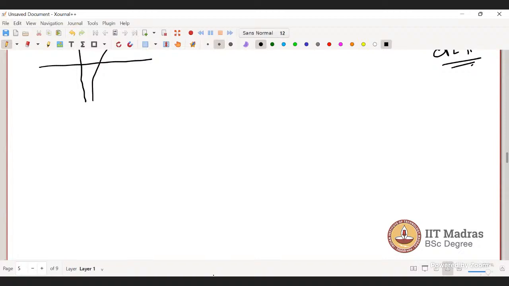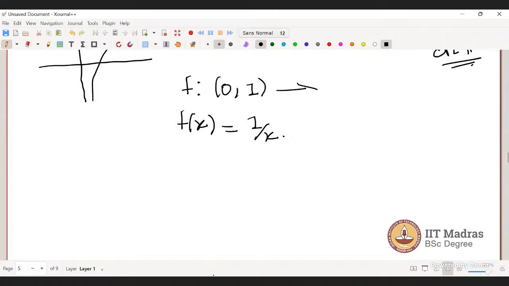Otherwise, if the domain is bounded, for example, if I take 1 by x and I define this function from 0 to infinity.